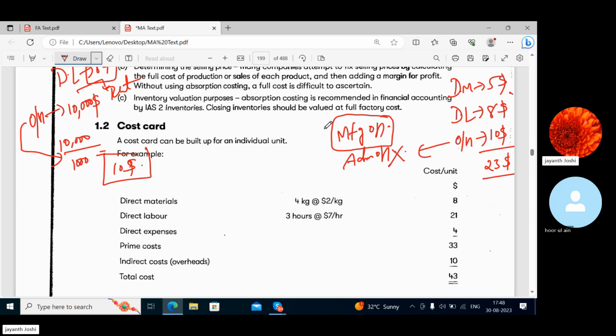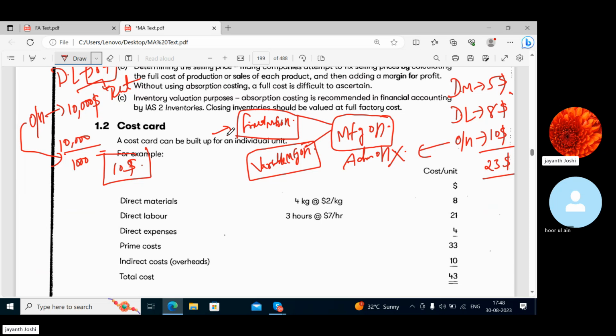And manufacturing overheads can still be divided into two parts: fixed manufacturing overheads and variable manufacturing overheads. This you can still get per unit, but this will always be in total amount. So we need to find out per unit, and I explained to you right now how to do that.